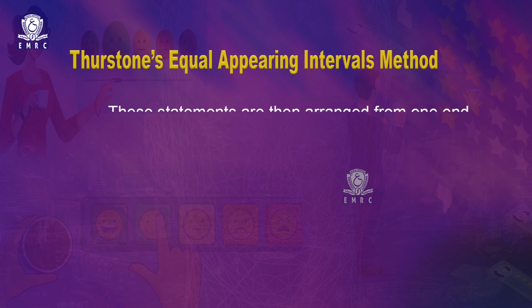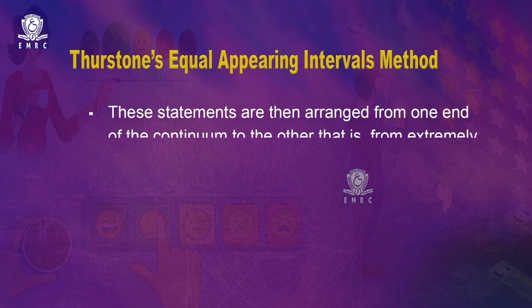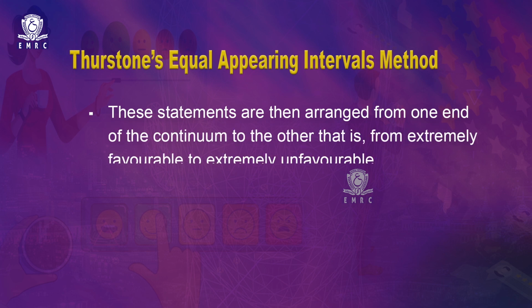These statements are then arranged from one end of the continuum to the other, that is from extremely favorable to extremely unfavorable. They are arranged in equal appearing intervals, so that a scale resembling a foot rule, a ruler, could be constructed.